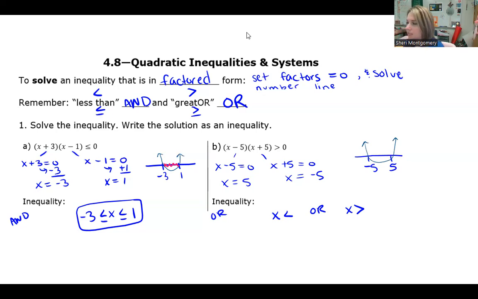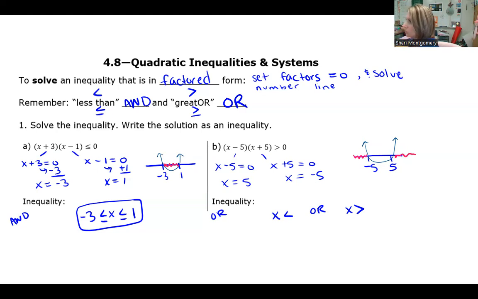The question is asking, when is the graph above 0, or above this x-axis? Well, we know that below is going to be the part that's connected. It's not there because that's below the x-axis. So above the x-axis is here and it continues on, and it's here and it continues on. Do y'all agree? That's when your graph is above the x-axis. So your answer is representing that space and this space. That's why it's an or answer.